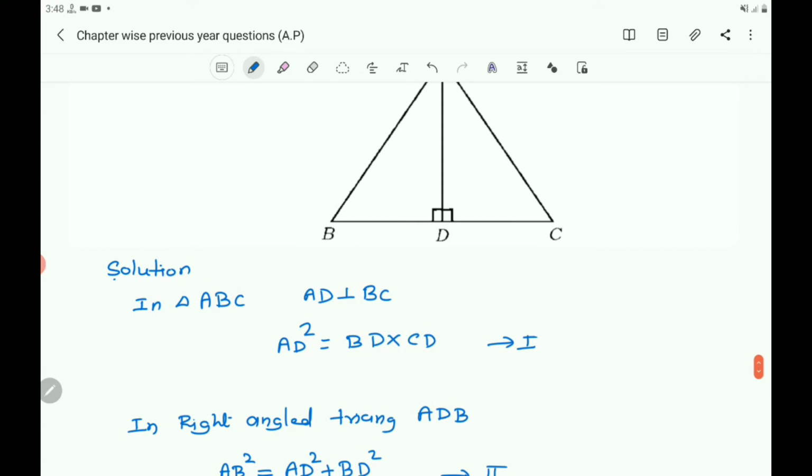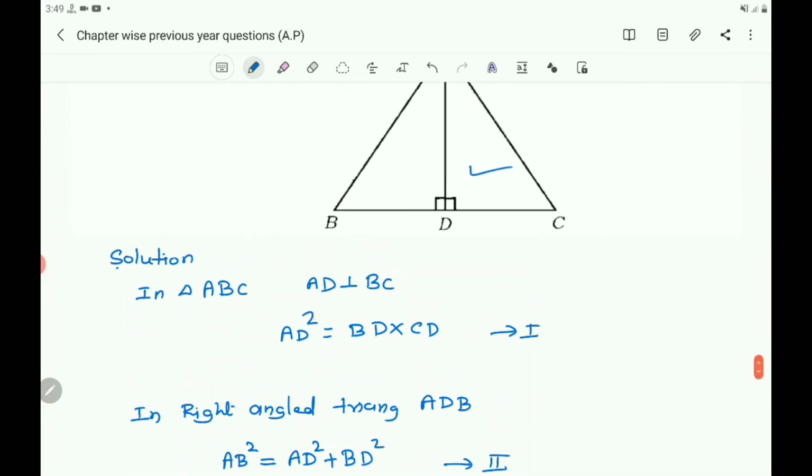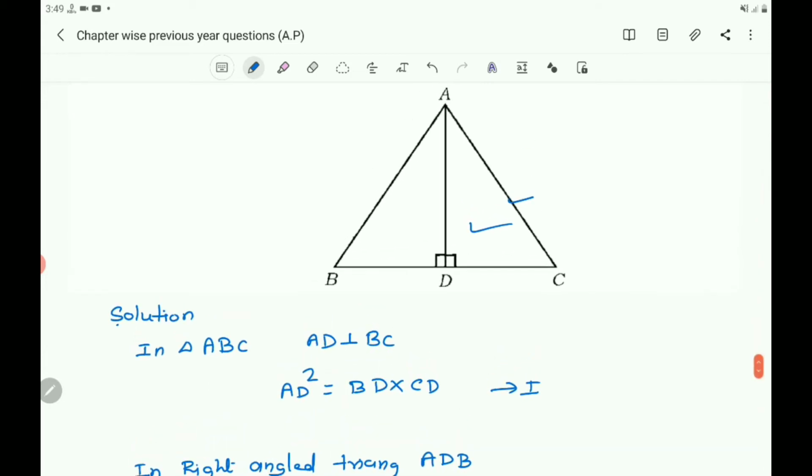This is second. Again you take this triangle. In the right angle triangle ADC, which is the hypotenuse here? This is the side opposite to the right angle ADC. So AC is the hypotenuse.